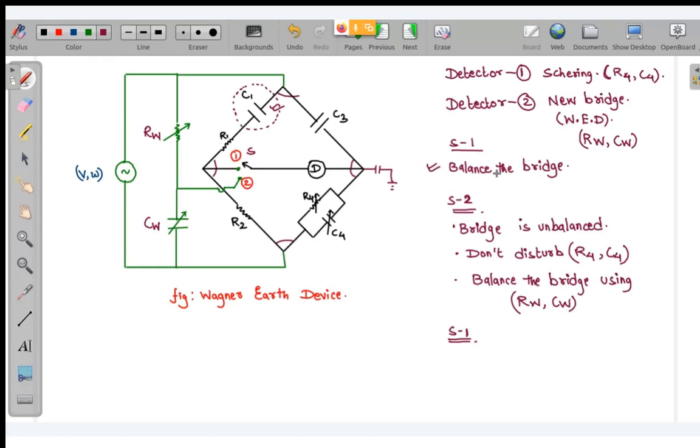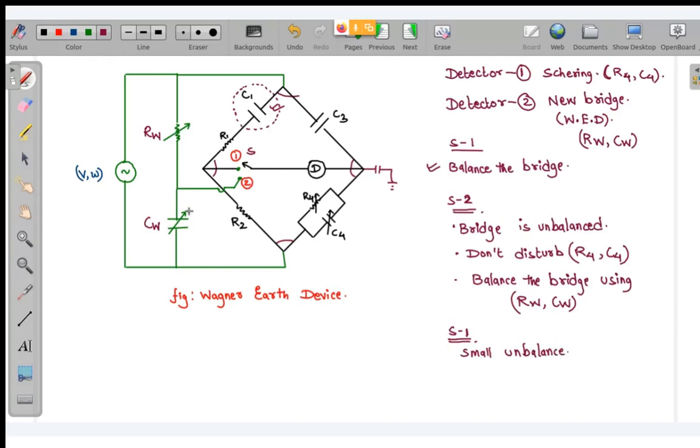Why will it be so? Because I have reduced some of the effect of stray capacitance with the help of this Wagner Earth device. So there will be a small unbalance once again.